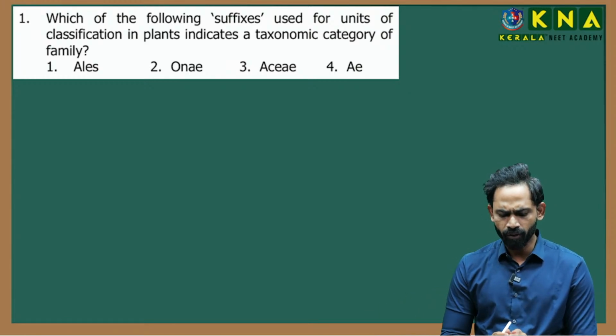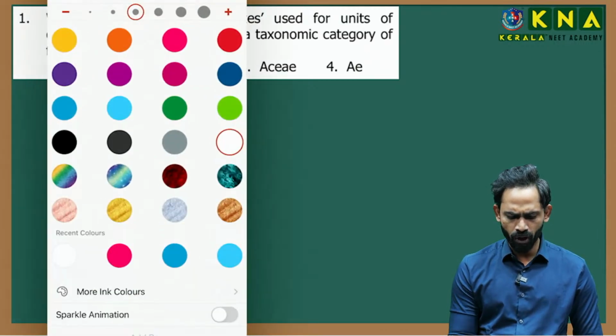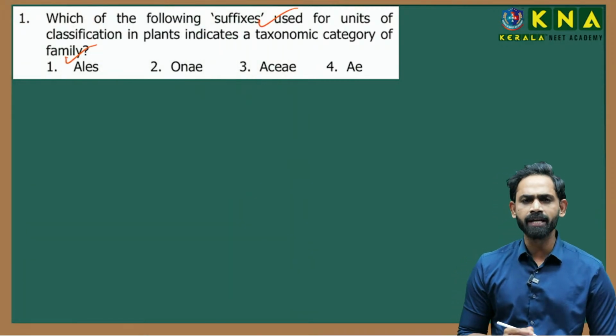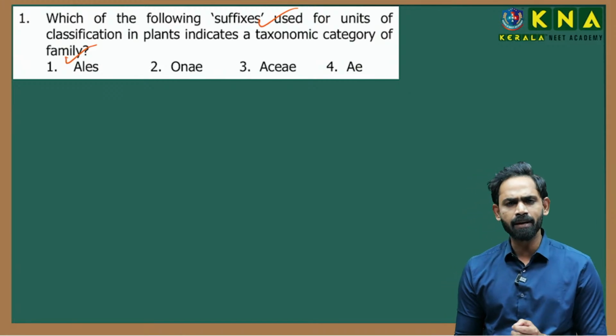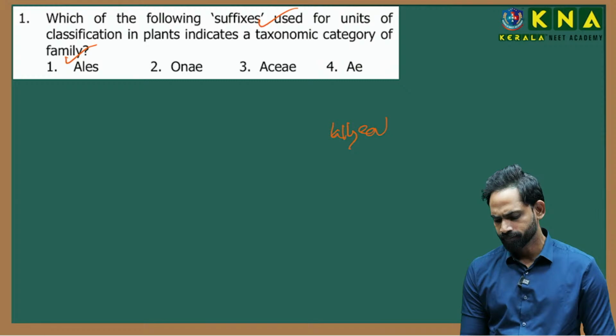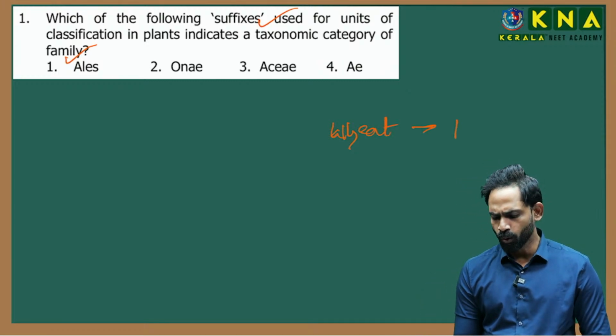First, you can go for the suffix that is used for. Here we are telling the suffix is used to indicate the families. For example, in case of plants, wheat. The family name is Poaceae.